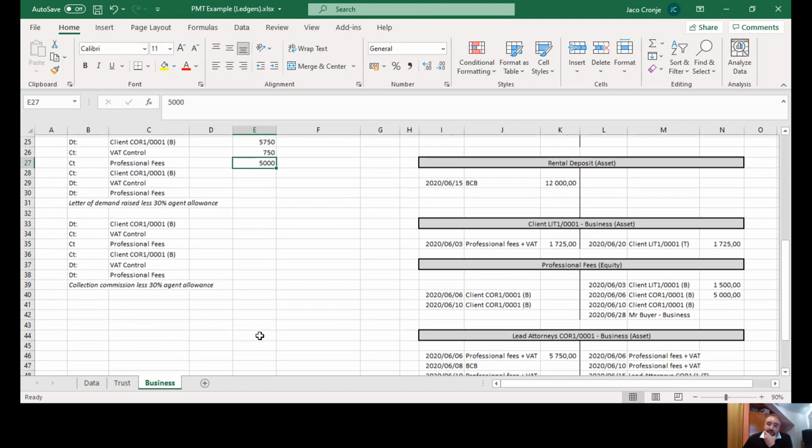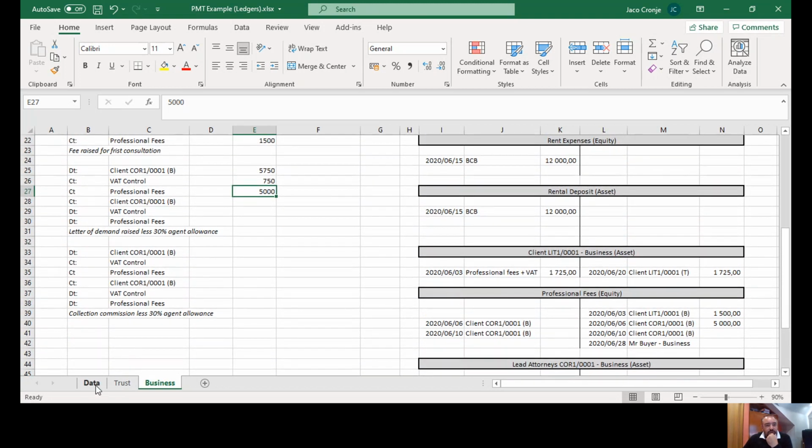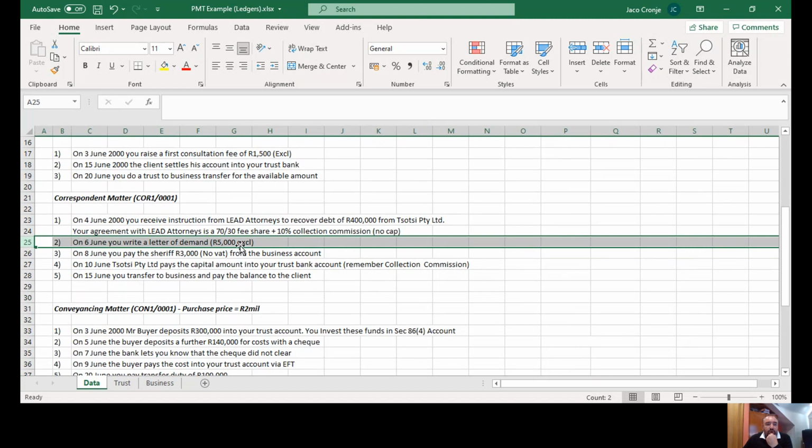Okay, right, but now there's a very important second step to this, because of this fee that I've generated, a portion must now be allocated to lead attorneys for their fee split. So how do we account for that?